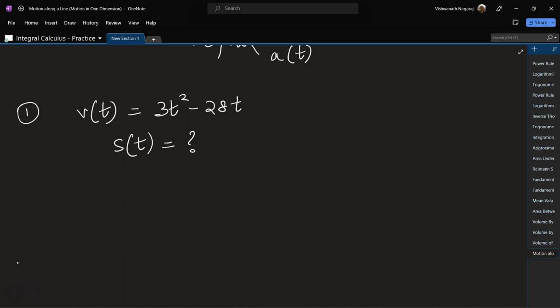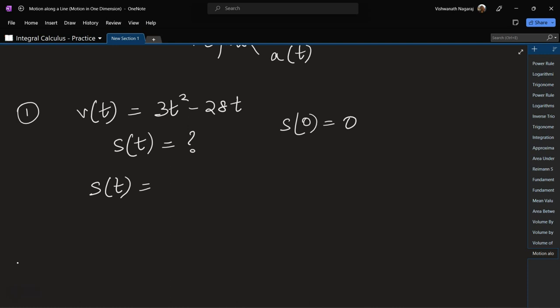So that means we can never get the precise expression. So for that, we require one more condition. So let us say the displacement at 0 is equal to 0. So one additional fact we require. So we are given velocity, we have to figure out displacement.